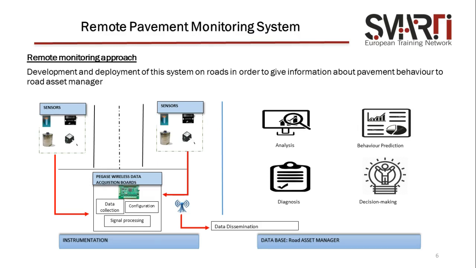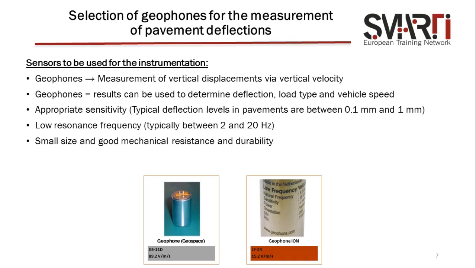In the paper, this is the description of the first part that we are working on. We are working on different types of geophones, which will give us vertical displacement information.